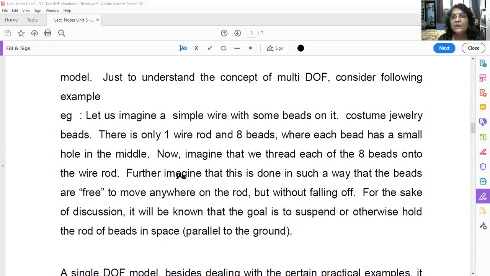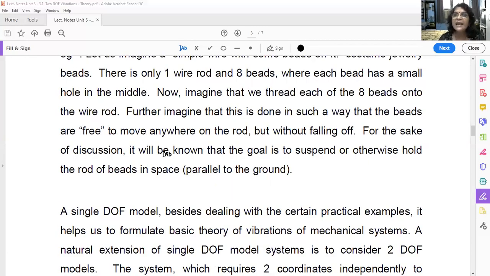So imagine that we thread each of the 8 beads onto the wire rod. Now further imagine that you have to insert the thread in such a way that the beads move freely on the rod without falling off. So that means this becomes an 8D wave system, a multi D wave system.